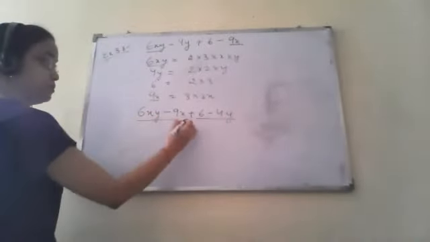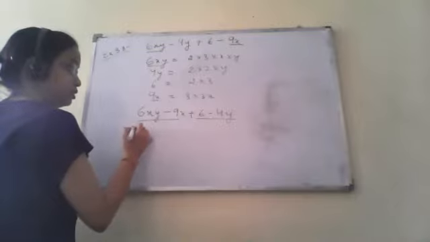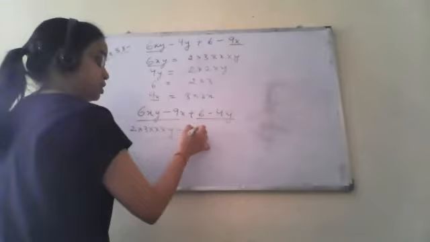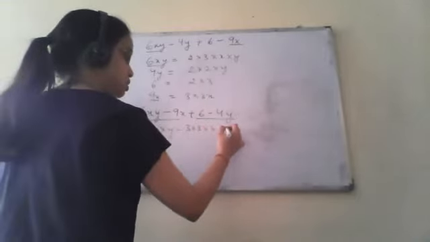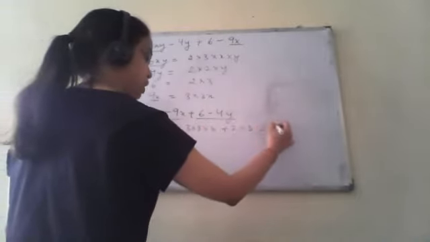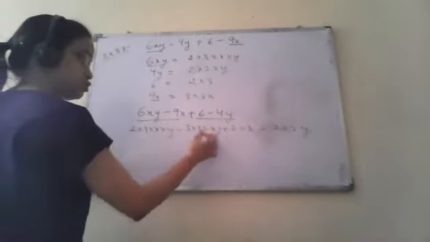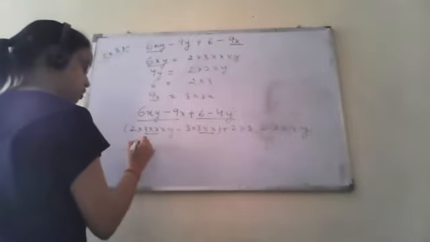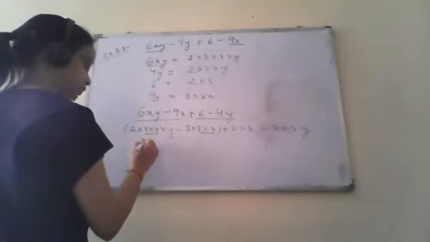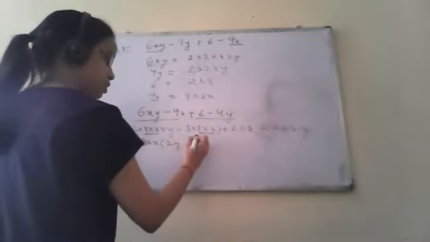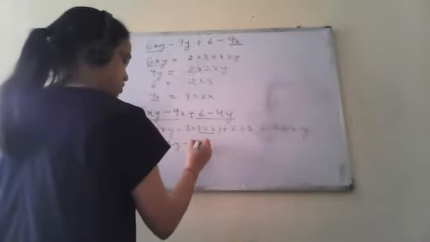So 2 into 3 into x into y minus 3 into 3 into x, plus 2 into 3 minus 2 into 2 into y. From the first two terms, what is common? 3 into x. We can take 3x common. Here we have 2y, and here it is minus 3.